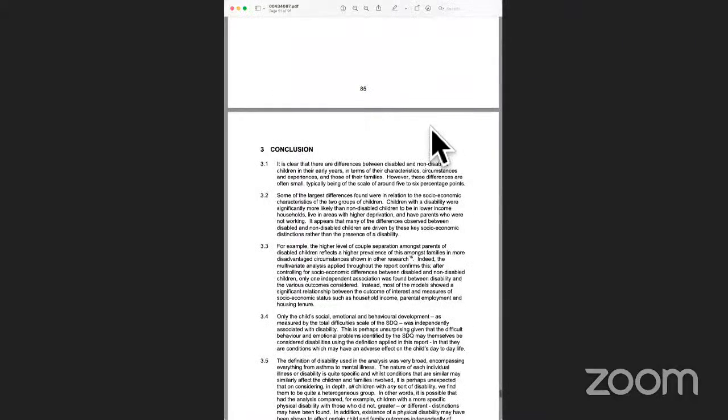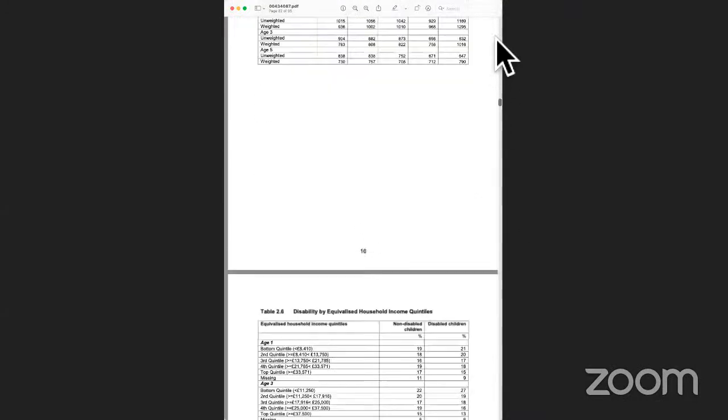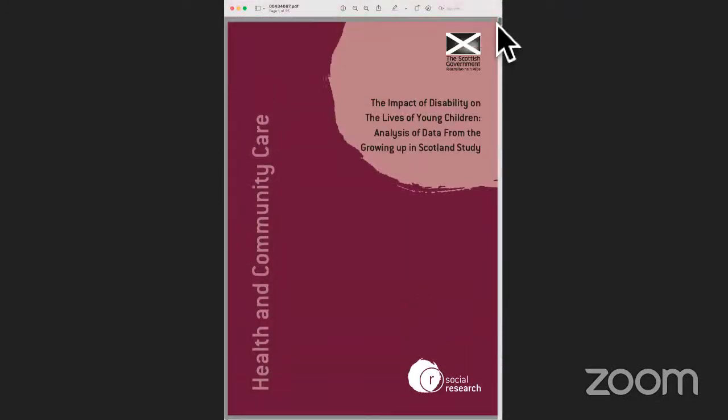Now, I want to show you one other report which I have downloaded, and this report is quite a detailed report which I've downloaded from the National Health Service website. Now, this research was looking into what is called the impact of disability on the lives of young children.